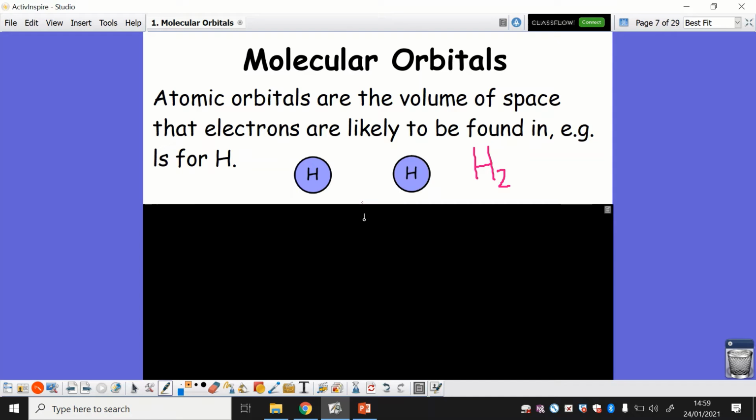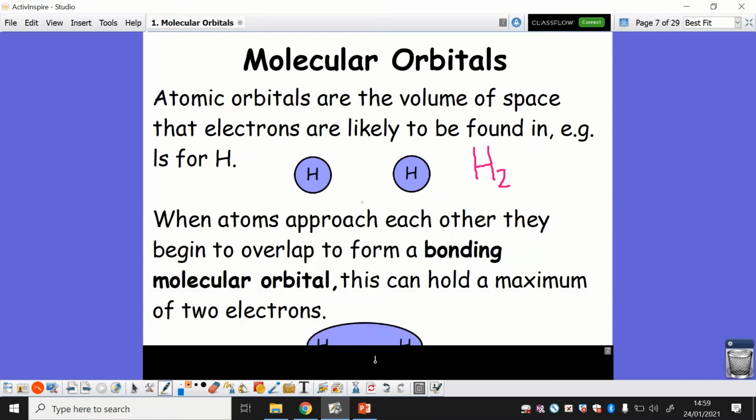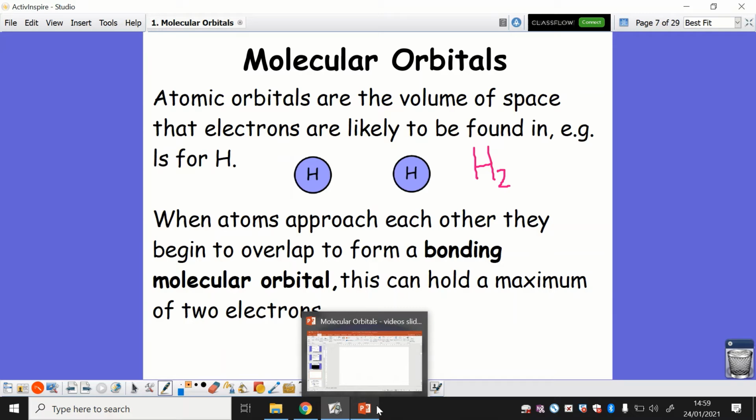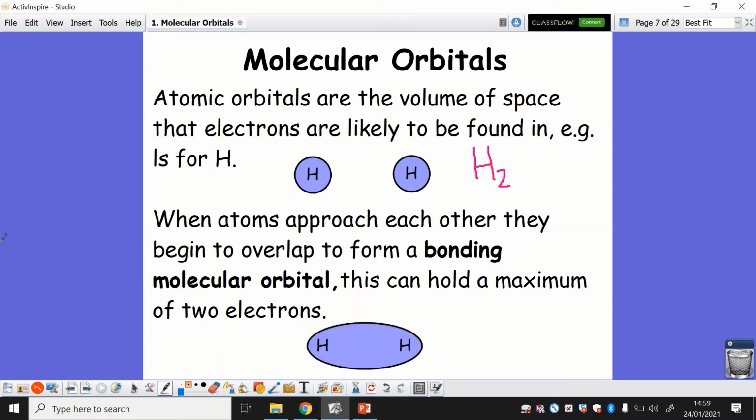They must combine in some sort of way. When orbitals like this approach each other, they begin to overlap and they form a bonding molecular orbital. A bonding molecular orbital, formed by the combining of two 1s orbitals, can hold a maximum of 2 electrons and would have a shape a bit like that.